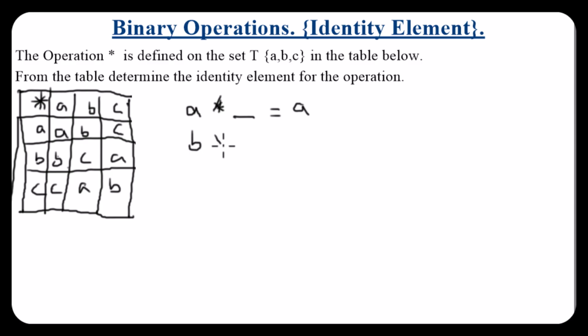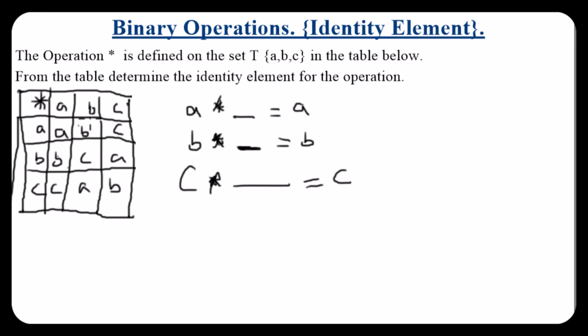This is B. So what do I need to combine to B that will give me B? Remember, A star E must be equal to A. So what you're combining with the identity element must be equal to what you get back. So definitely C star what will give us C.